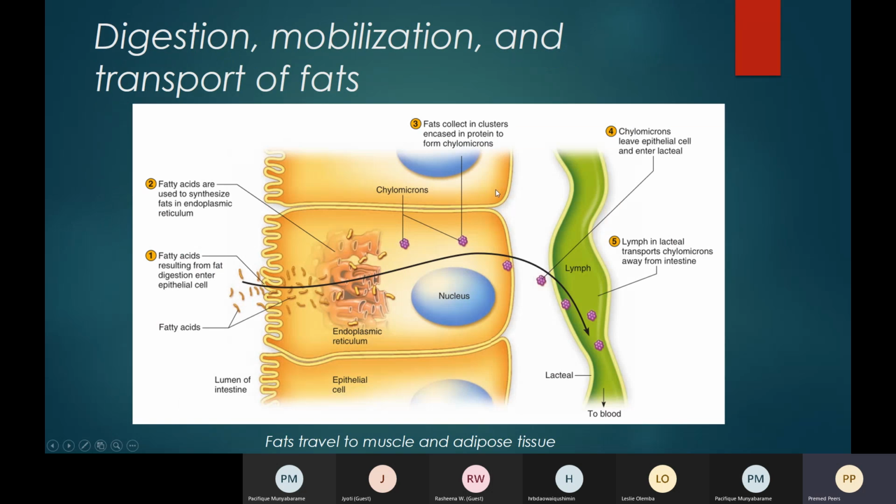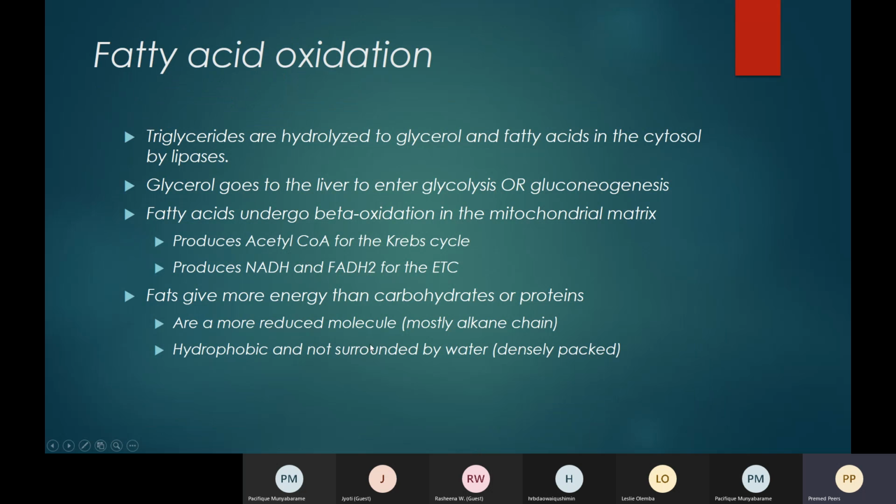So when we oxidize it, it's a longer reaction that produces more energy. And also, we said they're defined by being hydrophobic. If they're hydrophobic, they're not surrounded by a water shell. Carbohydrates, when they're in your body, are surrounded by a shell of water, like those ions from Gen Chem. The fats can pack very tightly together in your fat cells because there's no water to surround them.